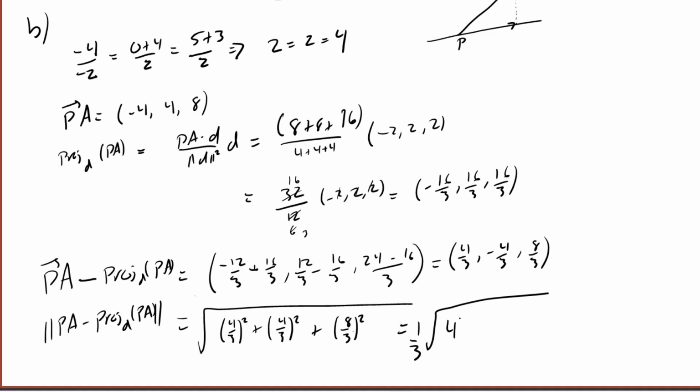Now I have 4 squared plus 4 squared plus 8 squared. So that's 2 times 8 squared, so that's going to be 8 root 2 over 3. Okay, so that's the distance from the line, from the point to the line.